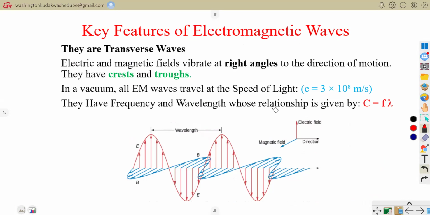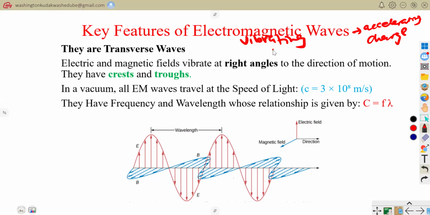So now let's look at the key features of electromagnetic waves. We now know how these waves are generated. They are generated by accelerating charge, or else by vibrating charge.